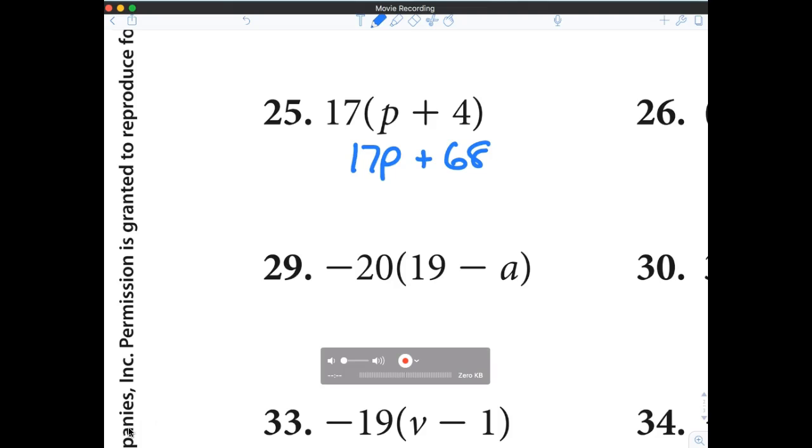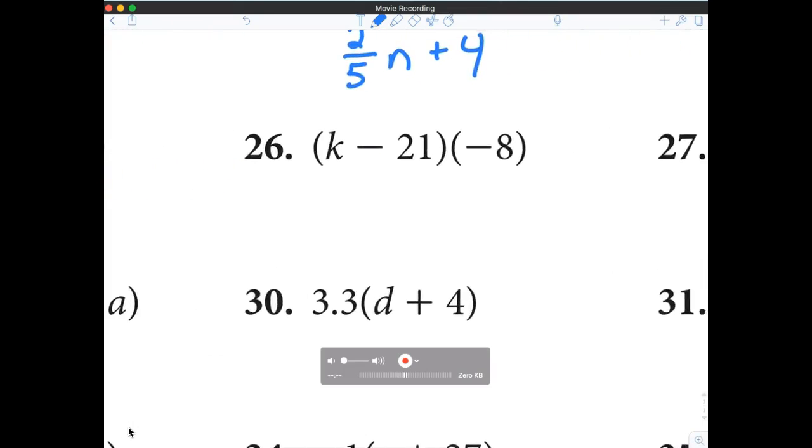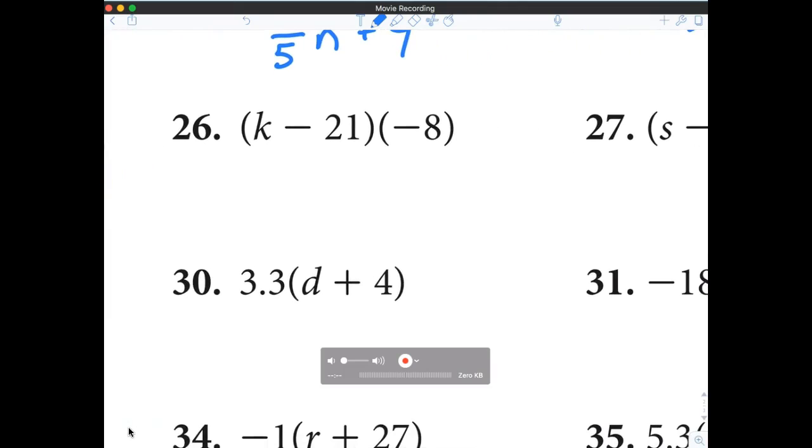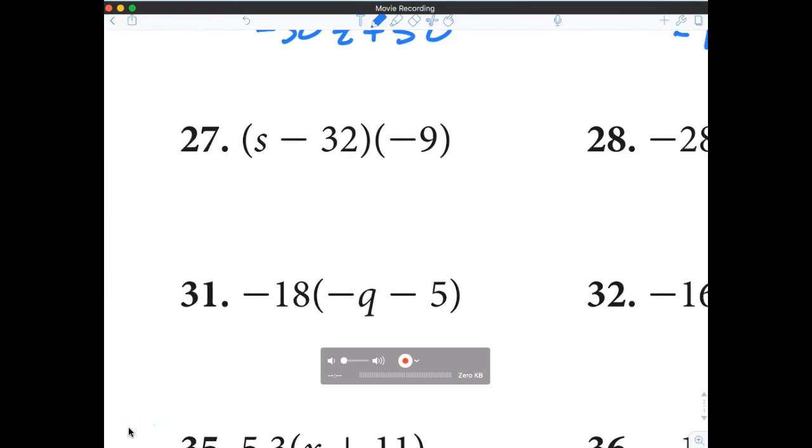All right, Hanson. You're up. 26. Negative 8k. Good. Plus 168. Very good. Negative 8k plus 168. Hunter, you're up. 27.